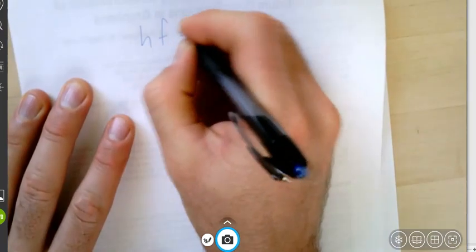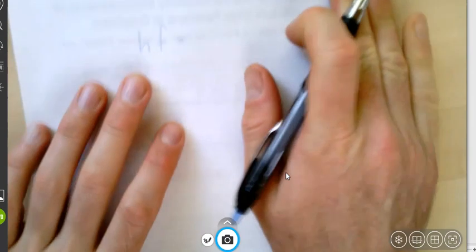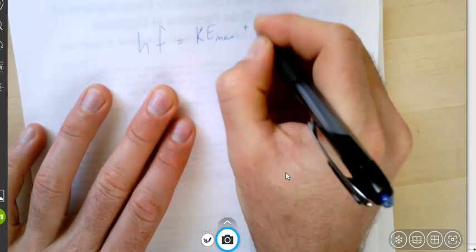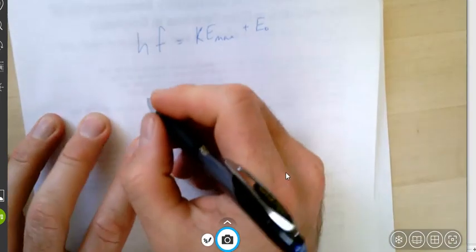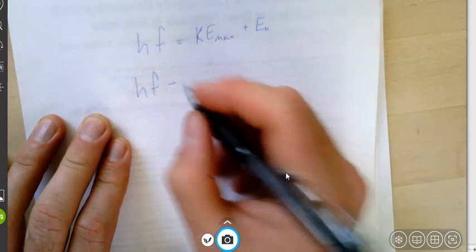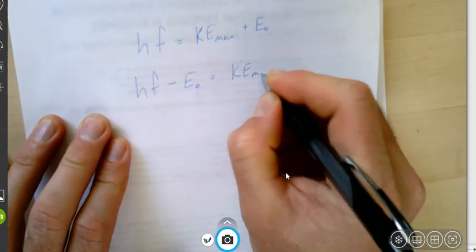If we have the formula here that hf of my photons, let me just copy it directly from the slides here, is equal to KE max plus E naught, then we could say that the amount of energy minus E naught is going to be equal to the maximum kinetic energy.